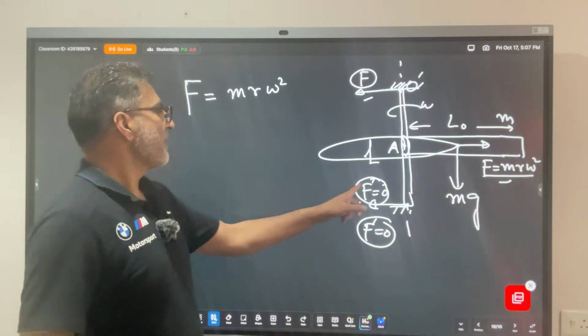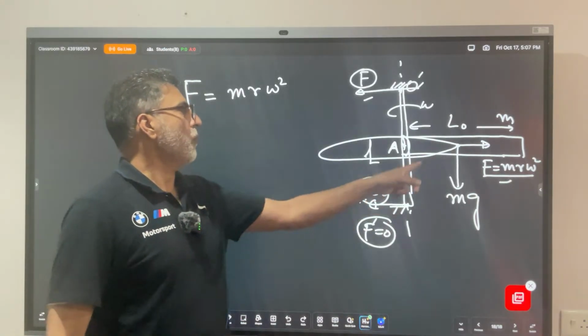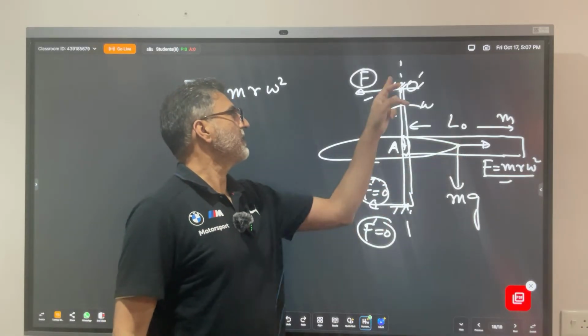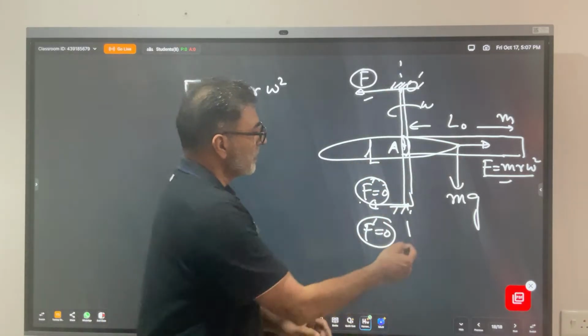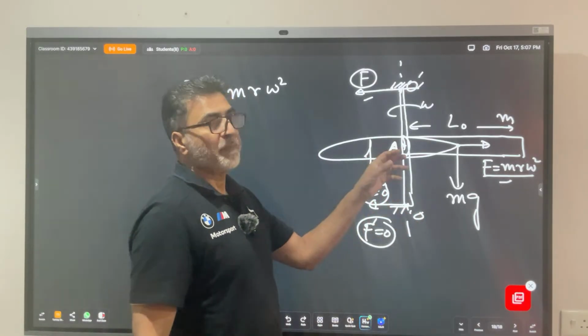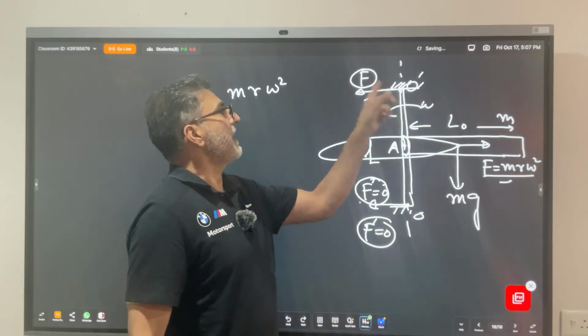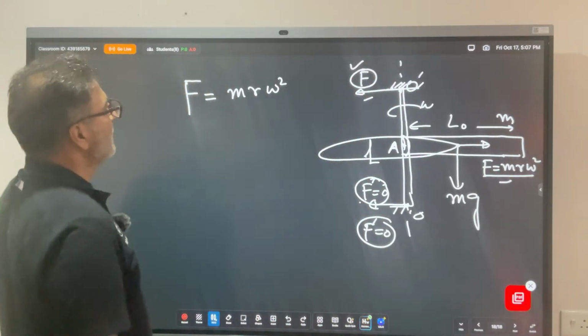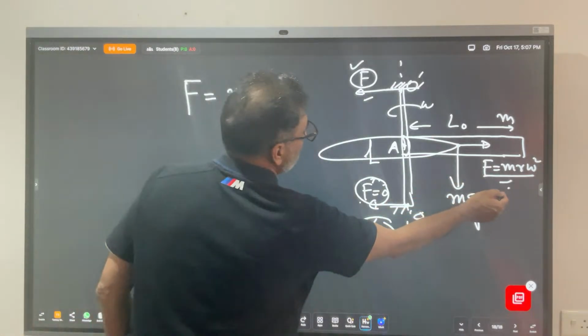The question says, if the force here is 0, what should omega be? What should be the rotational frequency of this rod around this axis so that the force at this end is 0 and it is balanced only by a force at the upper end? So we have to find that force also. So the first equation I will write is this.